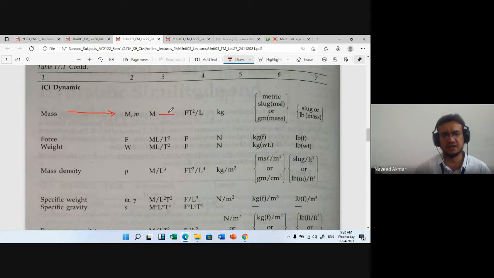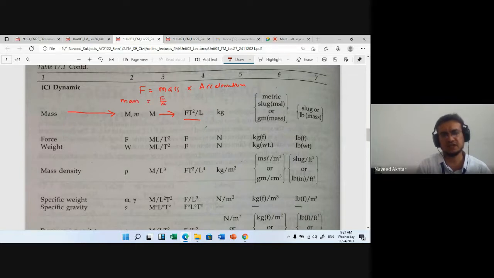It is measured in the MLT system as M, and in the force system, Ft square by L. We know that force is nothing but mass into acceleration. In terms of force, mass is equal to F upon A.